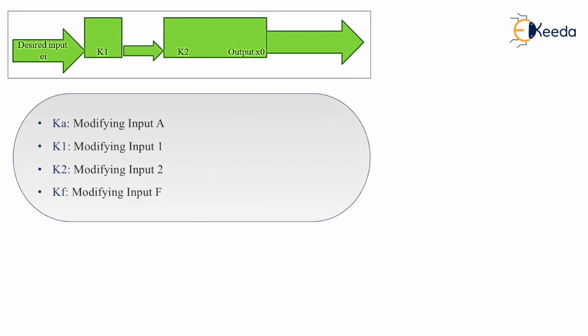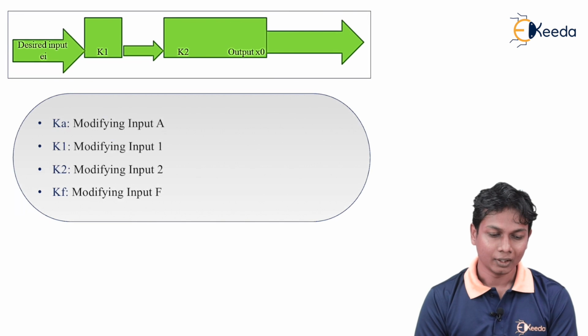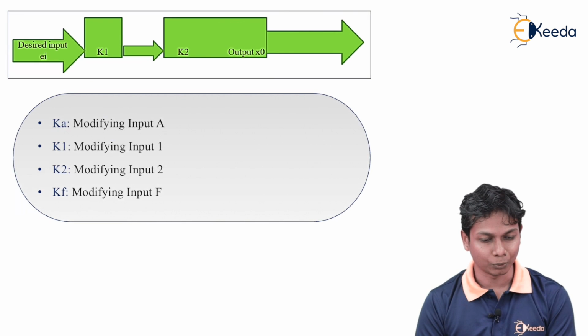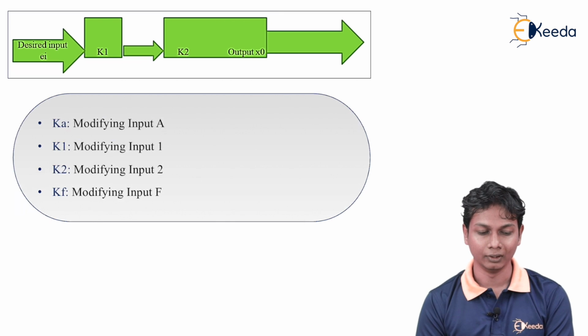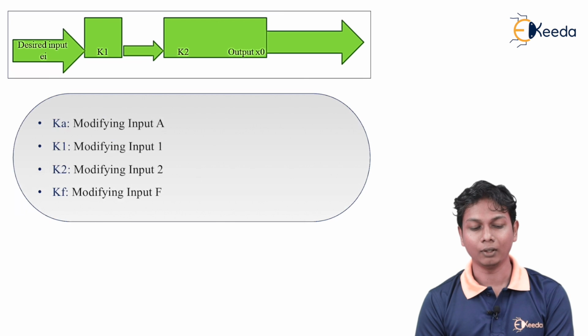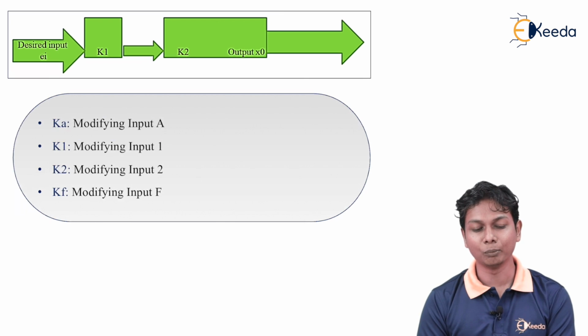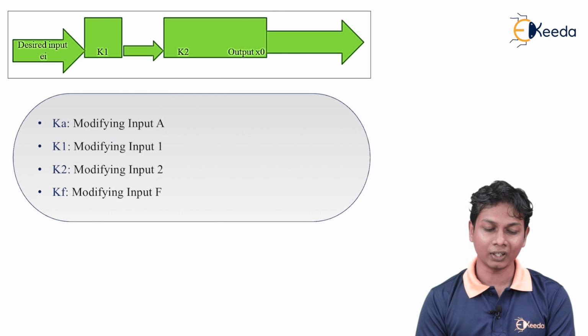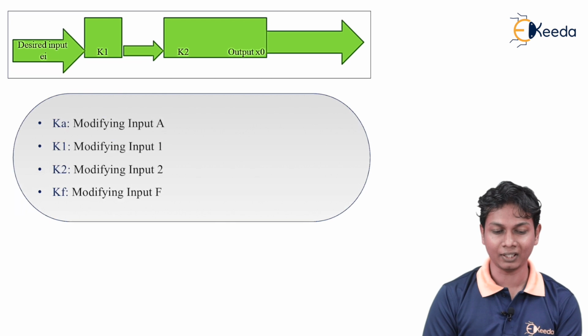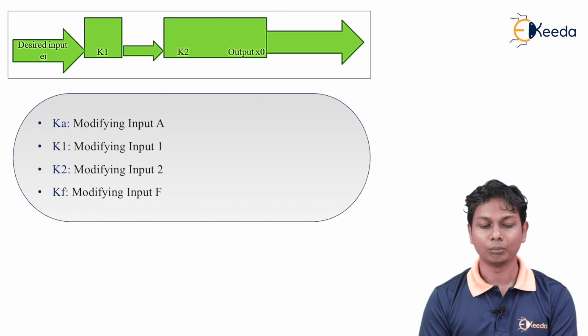Now consider Ka is a modifying input A, K1 is a modifying input 1 and K2 is modifying input 2, and the overall modifying input is F. So F should be a feedback part. Input 1 and 2, that is K1 and K2, are the modifying part.